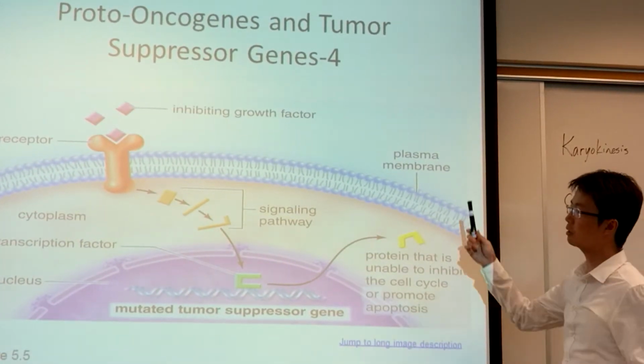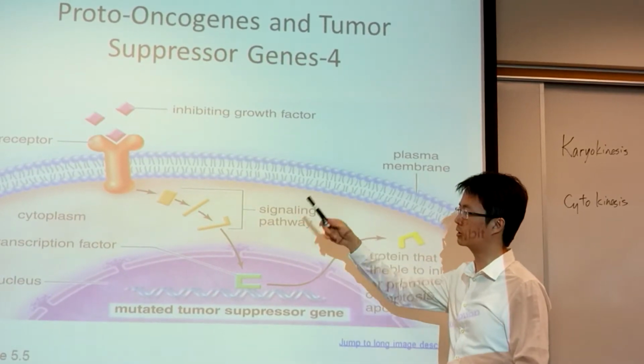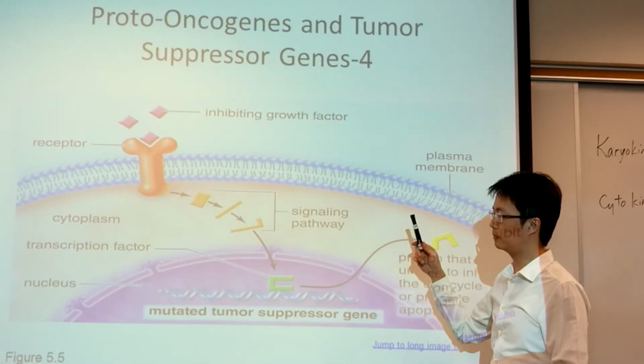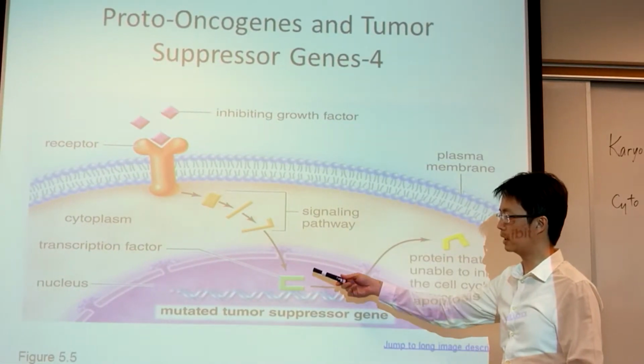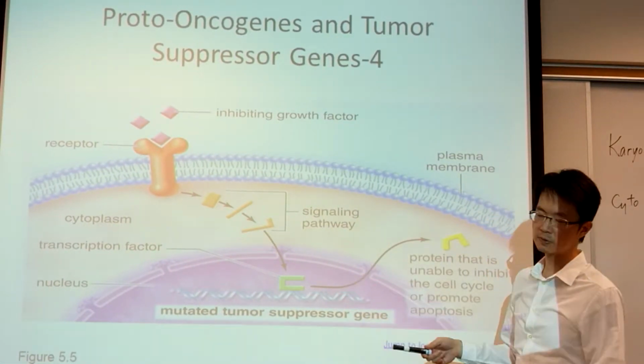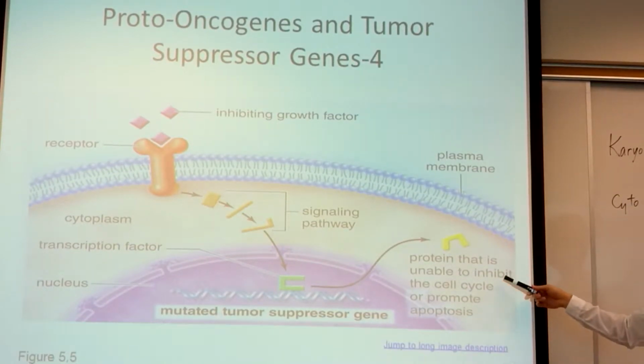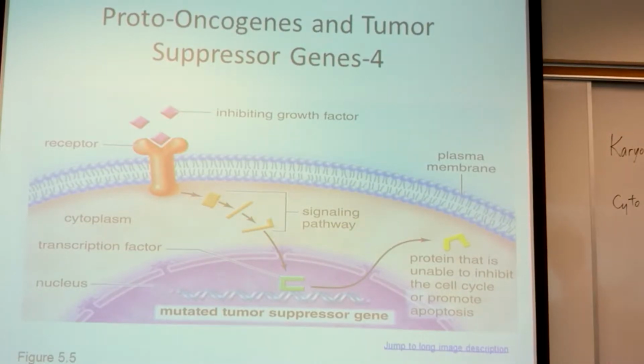So the inhibiting growth factor, when it binds the receptor, will start a signaling cascade that will activate a transcription factor. This transcription factor will sit on the DNA so that you will inhibit the cell from replicating its own DNA.